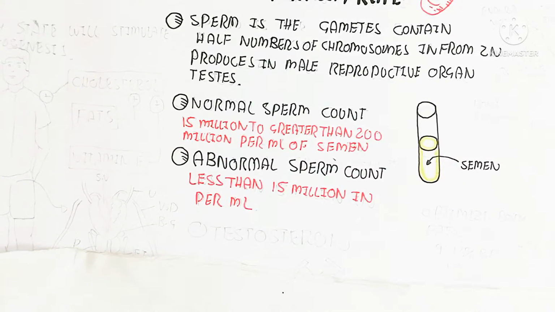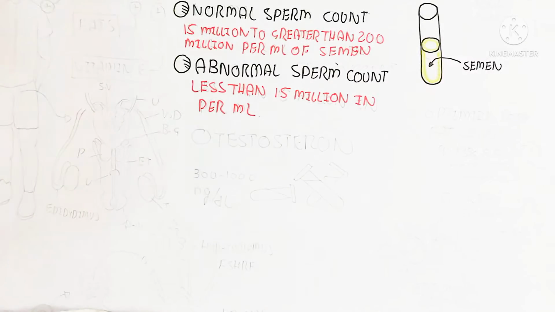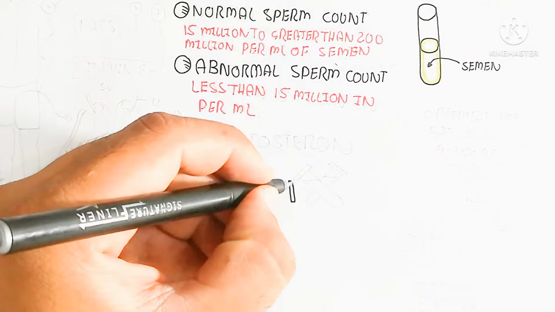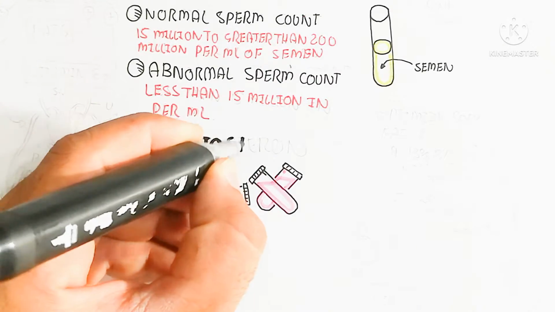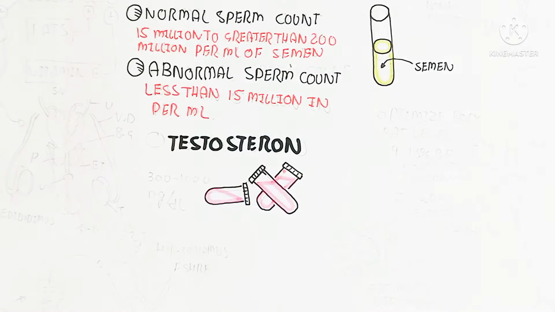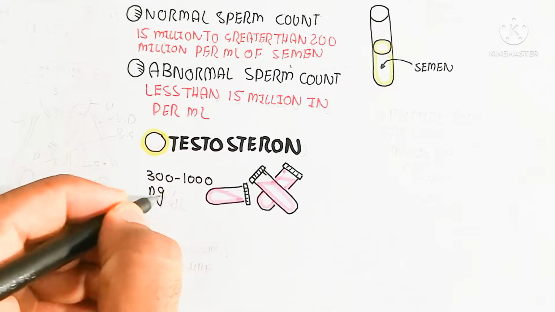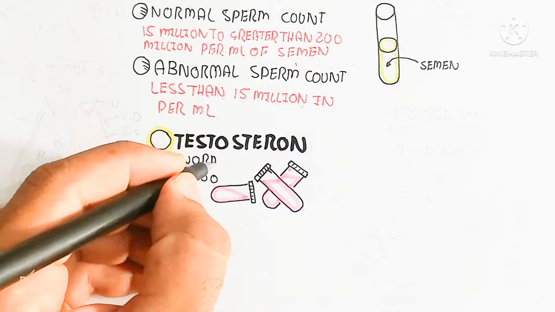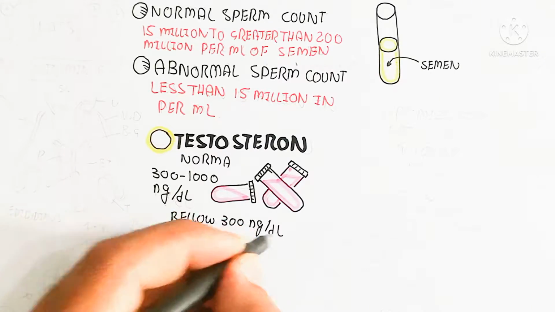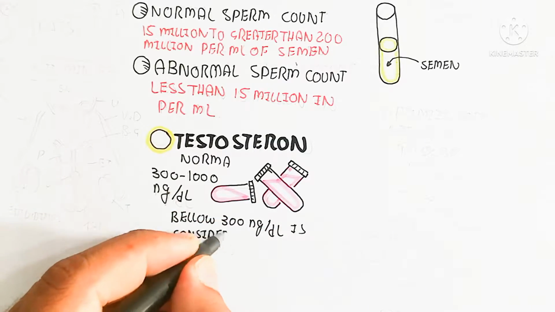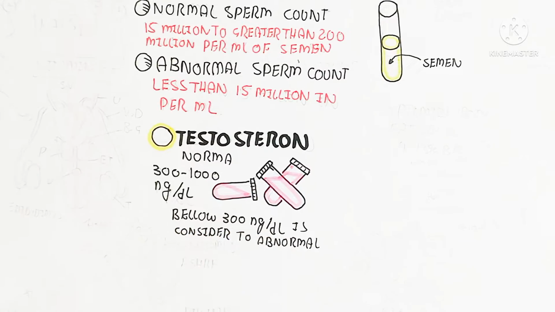We can understand the range is between 300 to 1000 nanogram per deciliter, and below 300 nanogram per deciliter is considered abnormal.